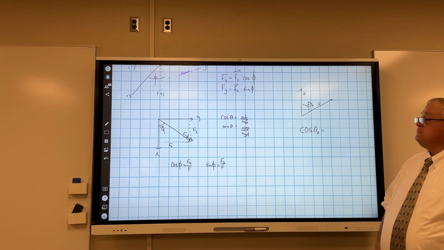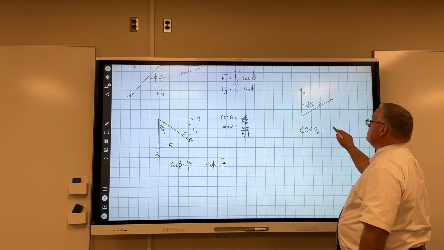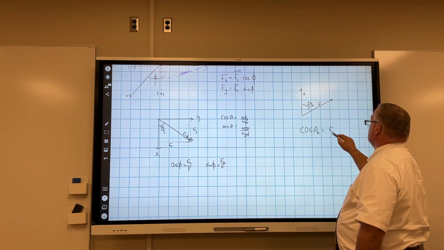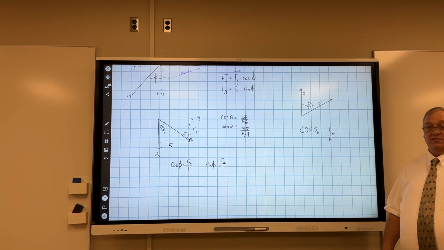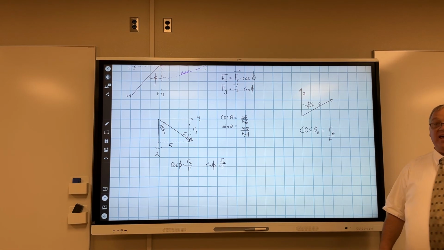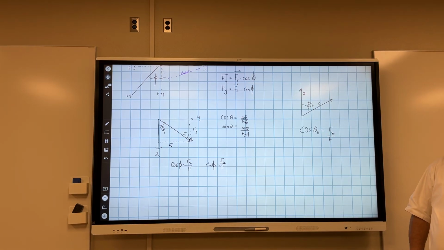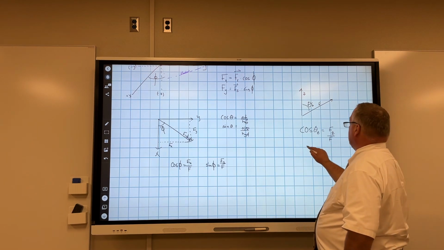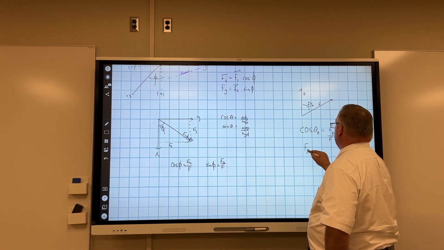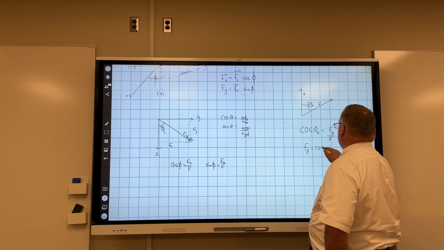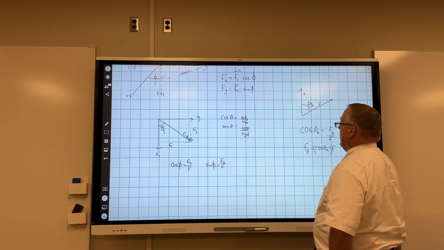F of Z over F. And in this case, it's not F of S, the shadow. It's F, the actual F, right? So we can rewrite this and say that F of Z is the cosine of theta Z times F.